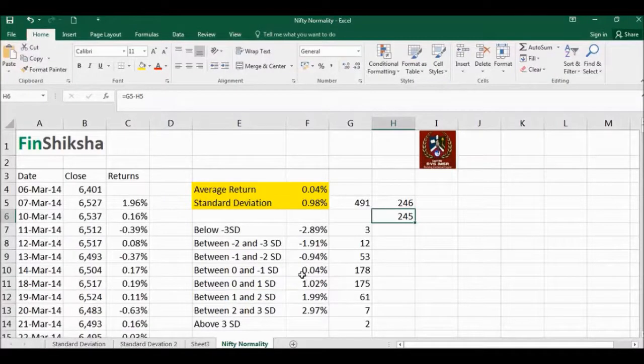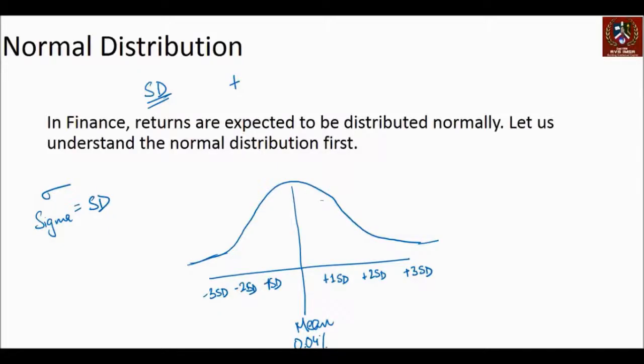Let's understand what these numbers would be. So 0.98 is the standard deviation number. So we will get these numbers as approximately 1.02%, correct? Then we get the number as approximately 1.99% or 2%, and 2.97%. We keep adding. 0.04 is the mean, plus 0.98 plus 0.98 plus 0.98.